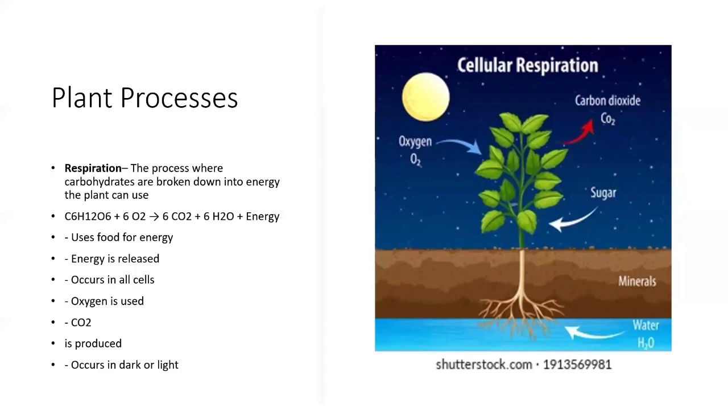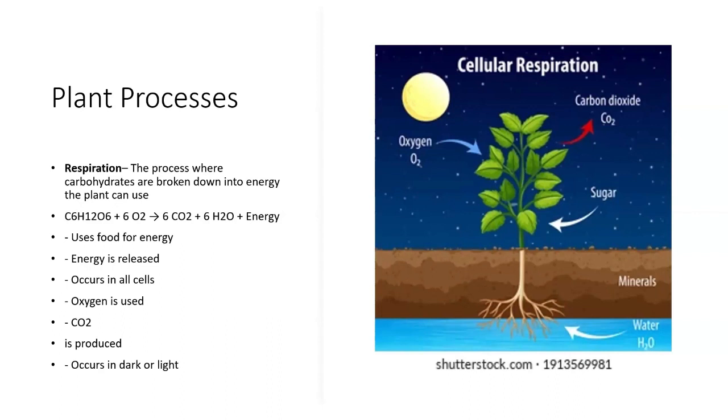Now, a process that occurs in the evening, or can occur in both dark or light, is called respiration. Respiration is the process where carbohydrates are broken down into energy that the plant can then use.